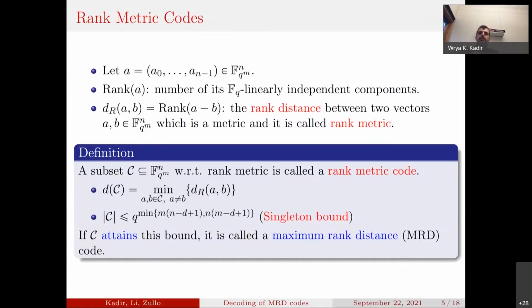A rank metric code is a subset of F_{q^m}^n with respect to the rank metric, and the minimum distance of the code is the minimum non-zero distance between its vectors. Similar to the Hamming metric, we also have a Singleton-like bound, and if a rank metric code attains this bound, we call it a maximum rank distance code, or MRD code in short.